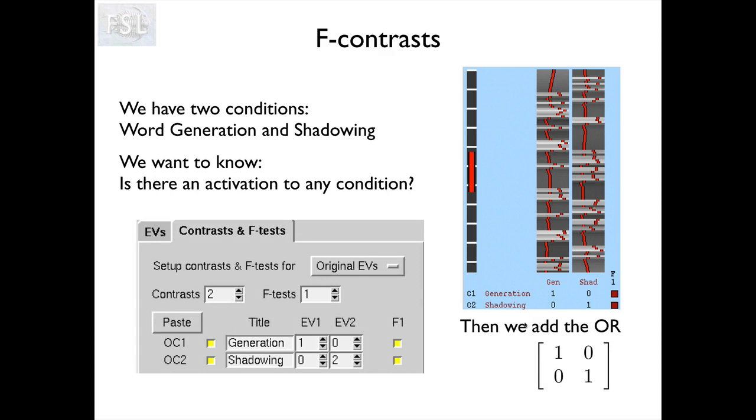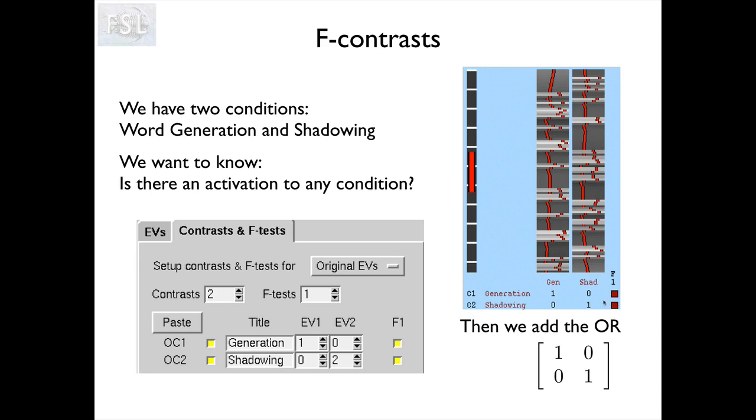And then we add the OR, i.e. we are ticking these boxes here to say, now we want to turn these into an F contrast. The first one asks which part is interested in word generation. The second one asks what part is interested in word shadowing.